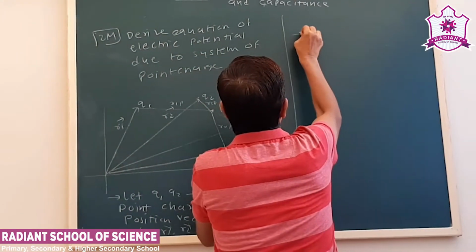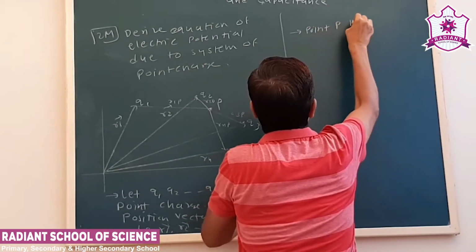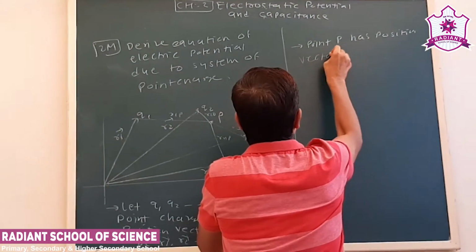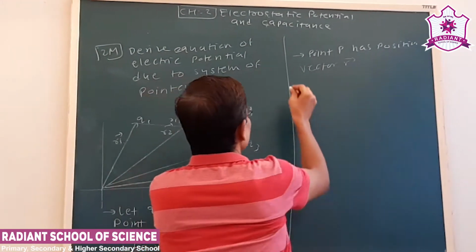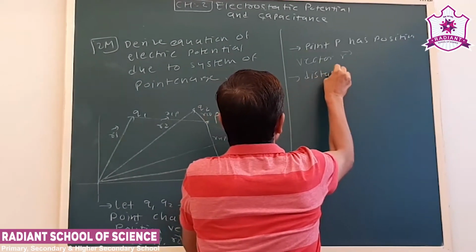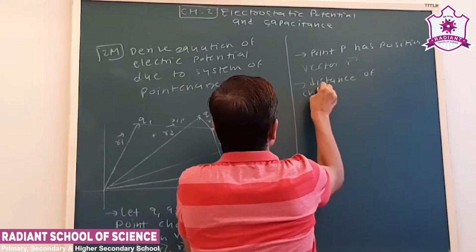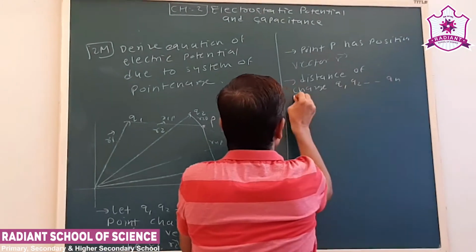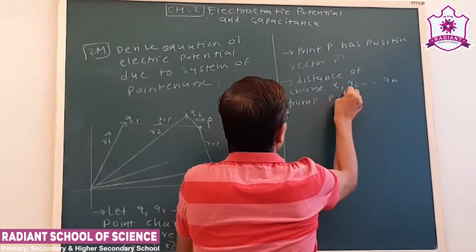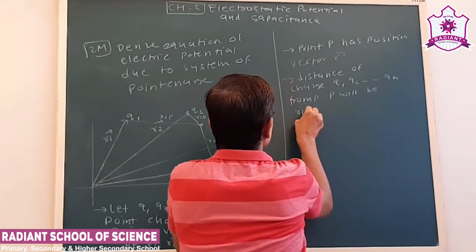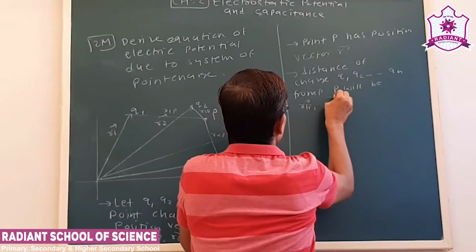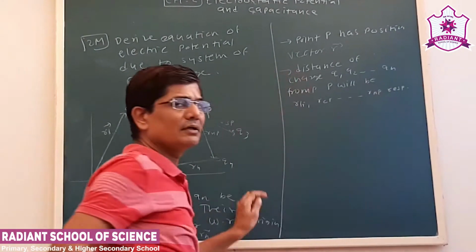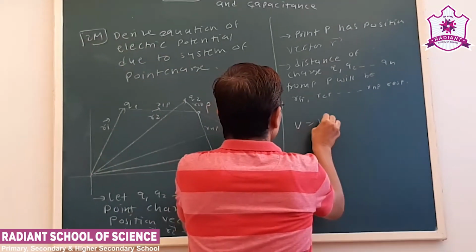Now point P has position vector R. The distances of charges Q1, Q2, Qn from P will be R1P, R2P, RnP respectively. So we can write V is equal to V1 plus V2 plus and so on.